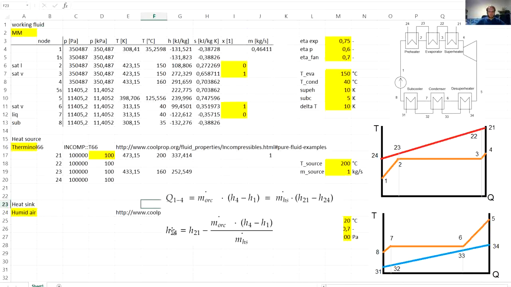So let's now implement this. Let's perhaps somewhere here below put Q heat source, the heat transferred from the heat source, which is the mass flow rate of the ORC times the difference in enthalpies for the heat input into the ORC. So H4 minus H1.